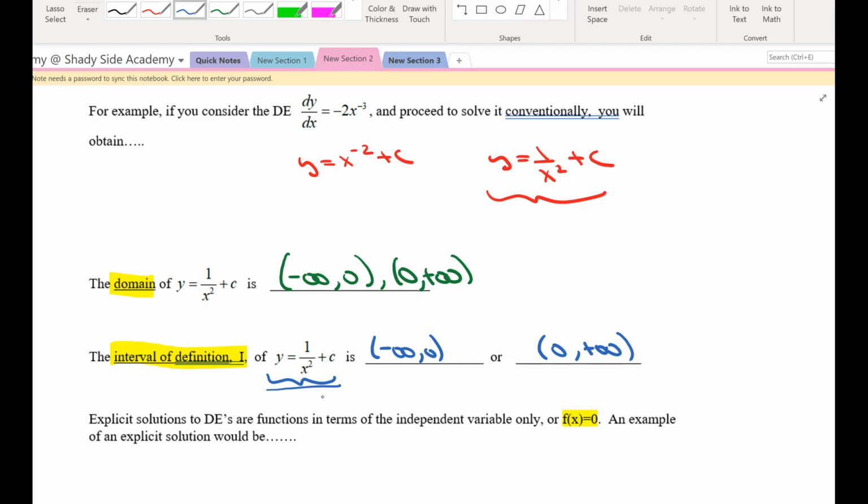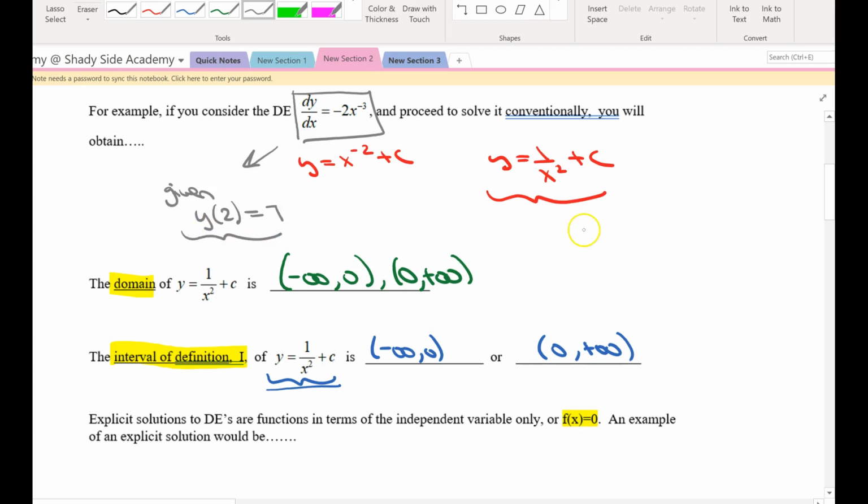So let's say, for example, you were given this question here. And not only were you told to solve this differential equation, but then you were also given this point. You also know that y of 2 equals 7. Okay? Well, if y of 2 equals 7, then you know that 7 equals 1/4 plus c. C is going to equal 7 minus 1/4, which is 27/4.